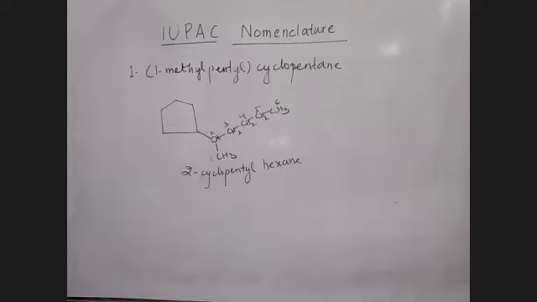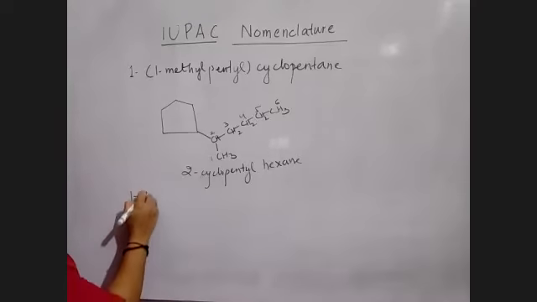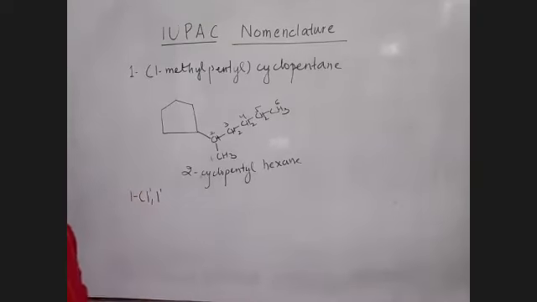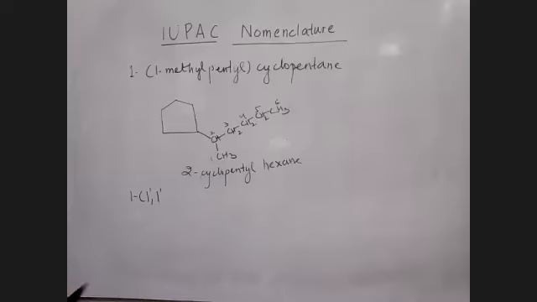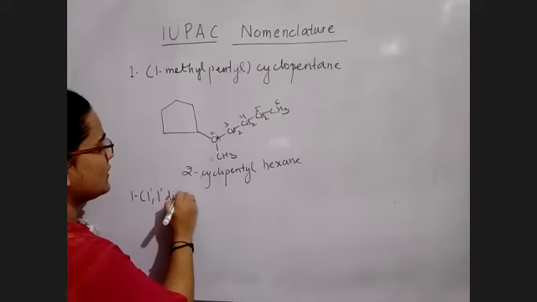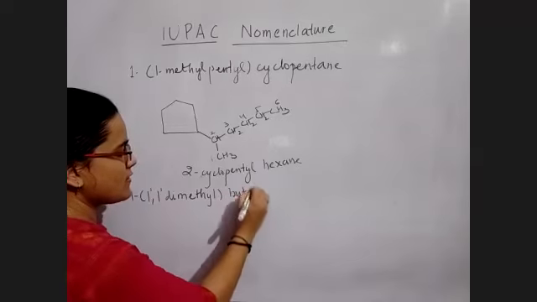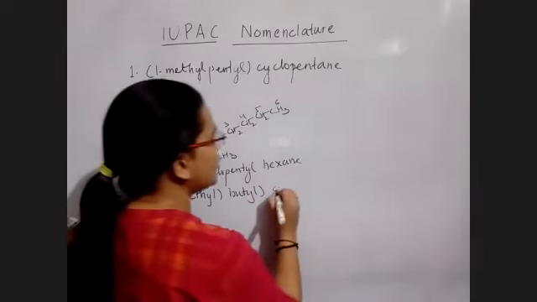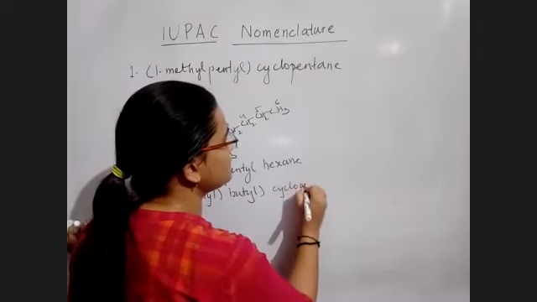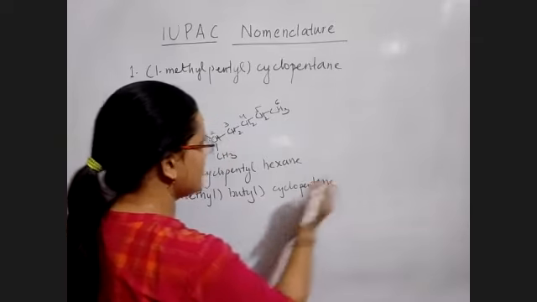1,1-dimethyl butyl cyclopentane. Try to draw the structure.